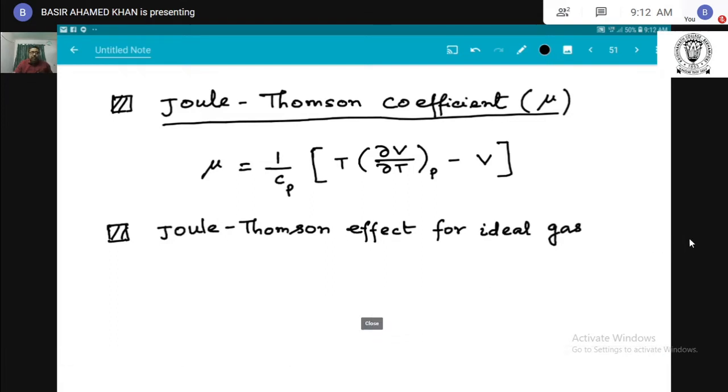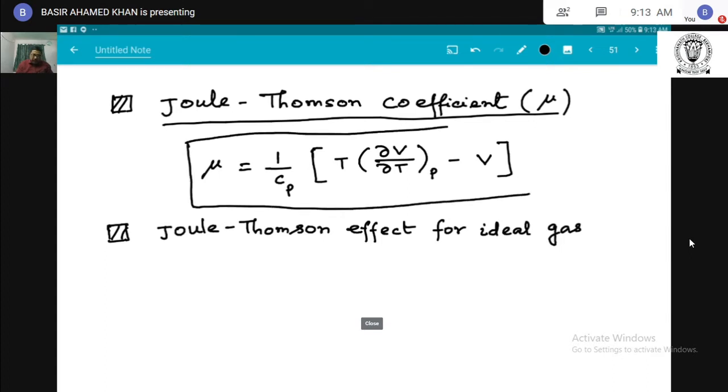The Joule-Thomson coefficient mu equals 1 by Cp times T del V del T at constant P minus V. This is the mathematical expression of the Joule-Thomson coefficient. Now I obtain the Joule-Thomson effect for real gas.